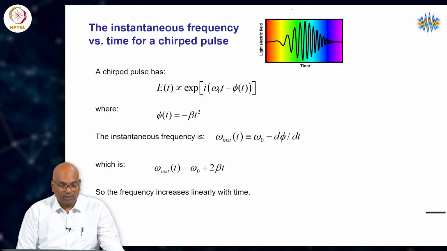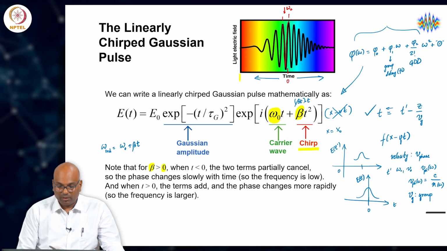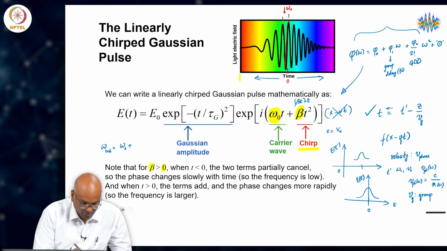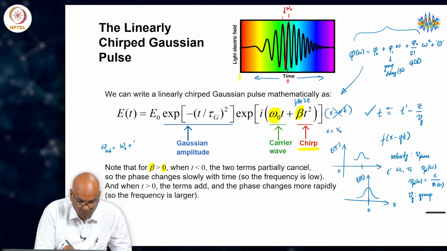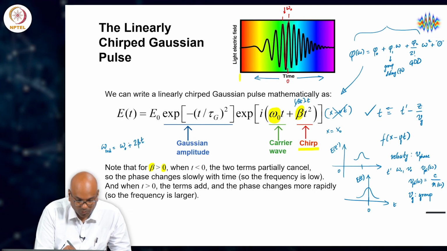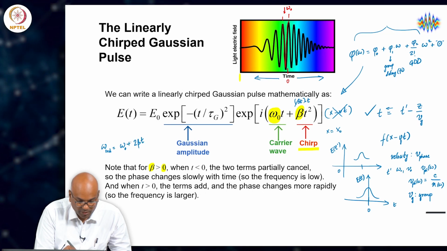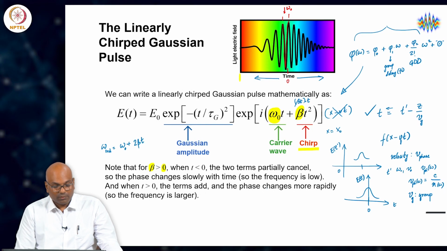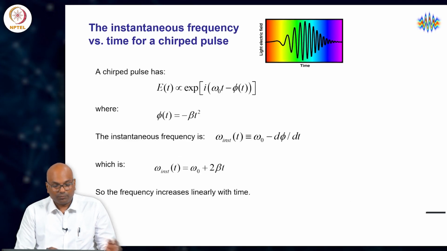in fact, I made a slight mathematical error here, in that I should have taken the derivative here. So, we should be careful of these factors of 2 here. Omega instantaneous would be, because of the derivative, twice beta times t.